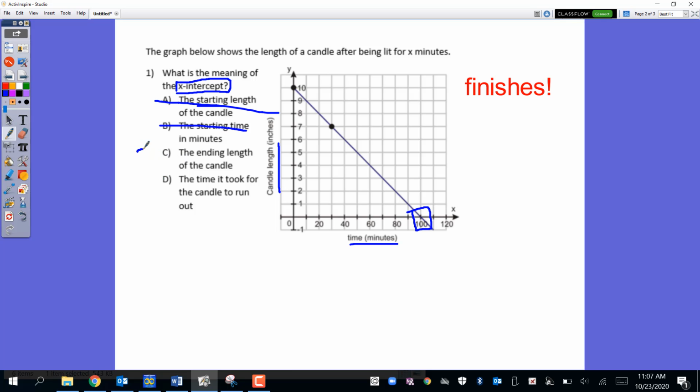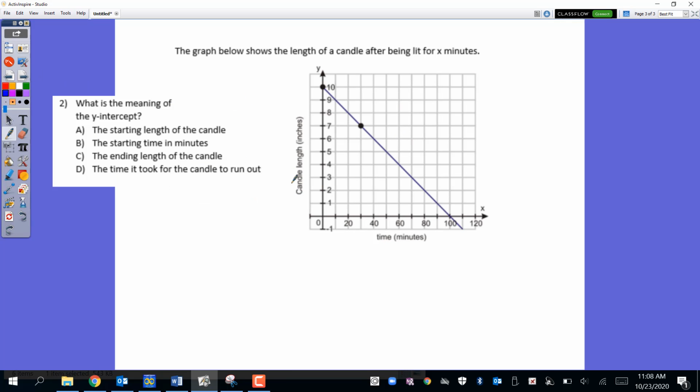So we don't particularly like that one. It does say ending, but I don't like the description. Letter D says the time it took for the candle to run out. That is what we're talking about. So the answer was D, the end of the candle. That's the end of the amount of time, 100 minutes it took for the candle to run out. That is correct.